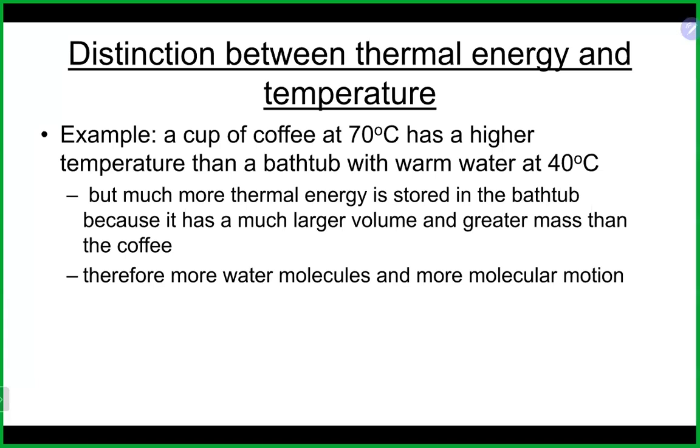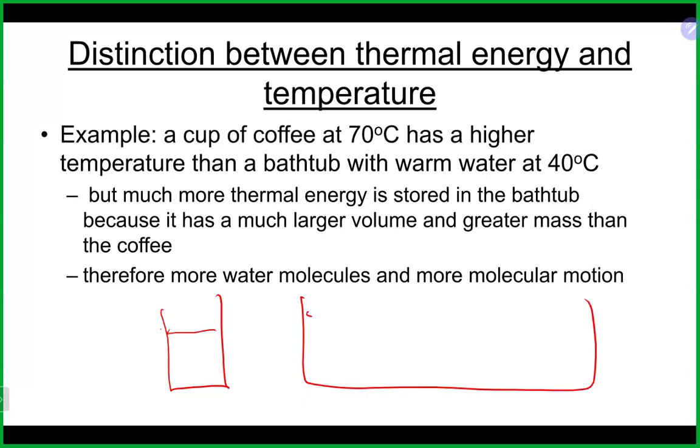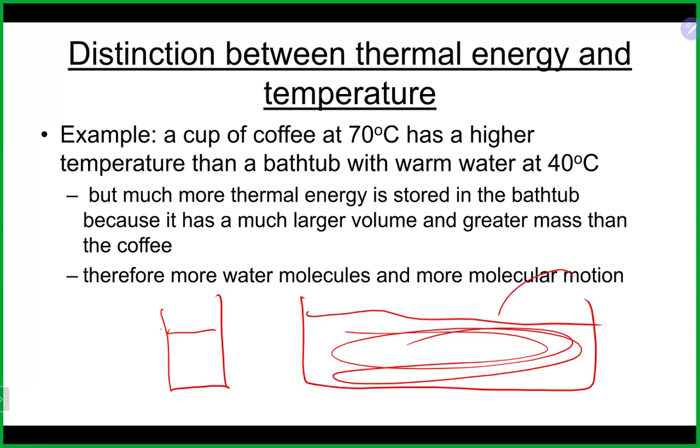Therefore, more water molecules and more molecular motion. Again, if you just think about the volume of the difference, right? A lot more molecules in here moving around, a lot more thermal energy. There's actually less molecules in there, so it has less thermal energy.